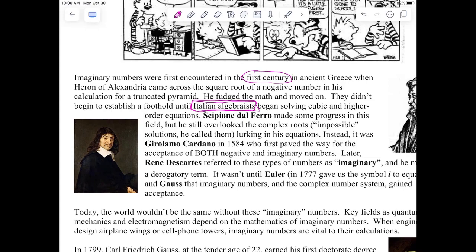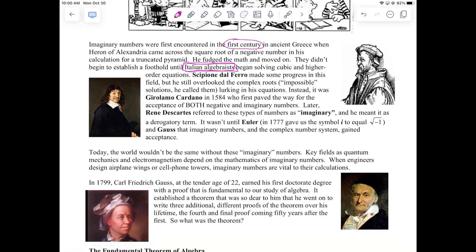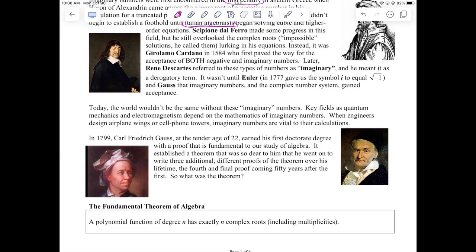That's not a real far throw from impossible and imaginary. Hey, why don't we just use i, the first letter of both of those words? So we used i for the imaginary unit. And then it was Gauss, who's in the red poster there next to Descartes. He kind of took it and ran with it. He's the guy who came up with this theorem right here, the fundamental theorem of algebra.